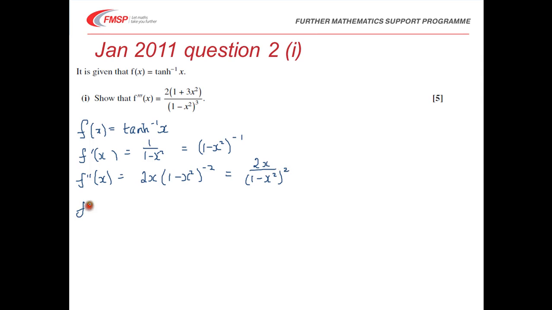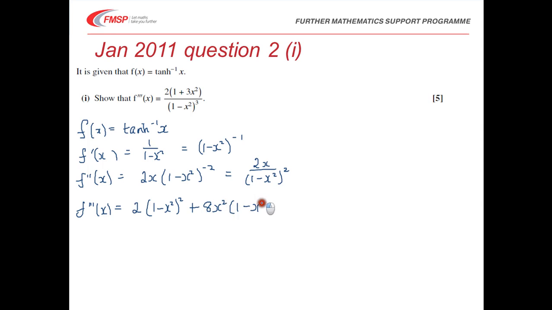So we're going to find the third derivative now using the quotient rule. So it's v du by dx, so the derivative of u, the top line, is 2, so that's going to be 2 lots of 1 minus x squared all squared, and then it's minus u dv by dx, so that's going to be 2x times the derivative of all that, which will be negative, so there's going to be a plus sign, and you're going to have a 2 and a 2x, so that's going to give us 8x squared upon 1 minus x squared.